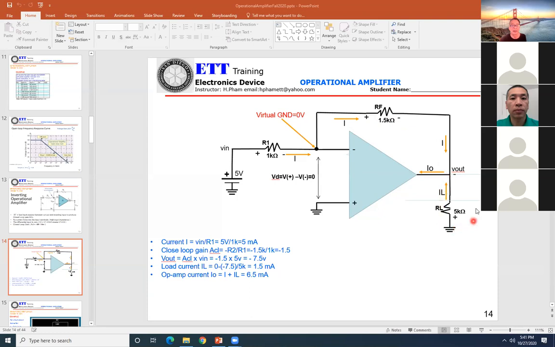For R L, you get one side negative, the other side must be positive. So the current I going down here, they cannot go down. The thing is, current has to flow from positive to negative. So that's why current goes inside the op-amp. In this case, we call it sink current. And also you get a current I L going from 0 here to the negative, and it also goes inside the op-amp.